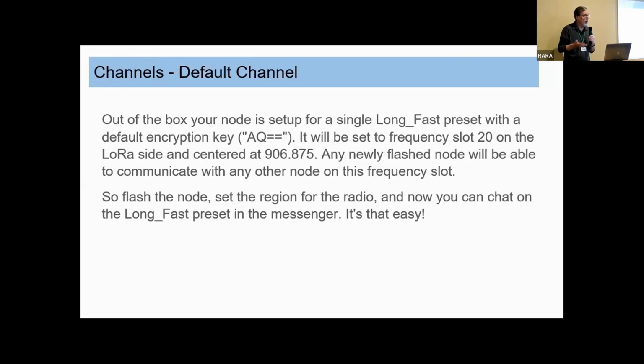Think of it as a way that you can send information out on the mesh, but in a way that random nodes on the network can't really follow you. That's important because, and I'll get into more channels in a minute, when you flash your firmware on your node, it comes with one channel implemented, the primary channel.